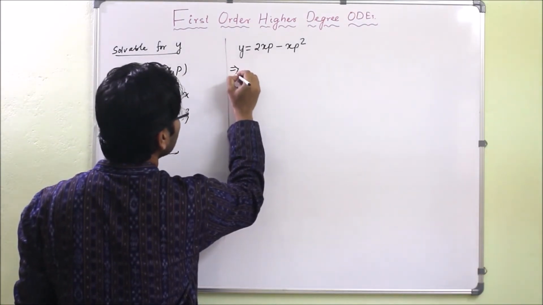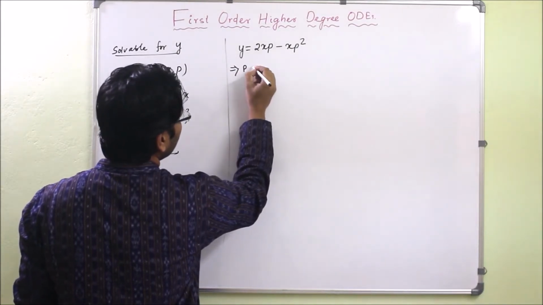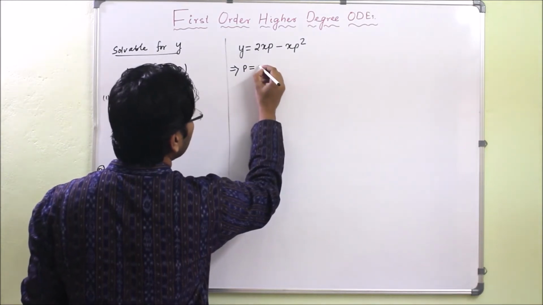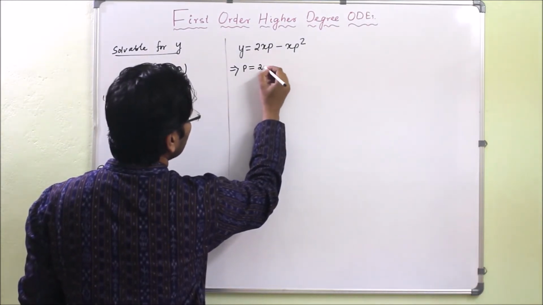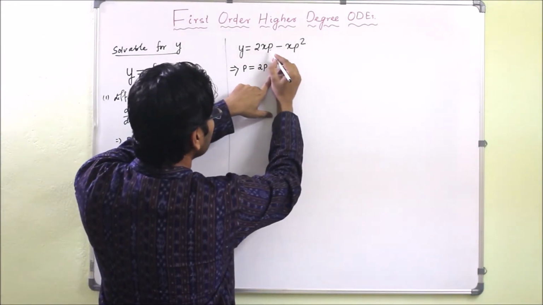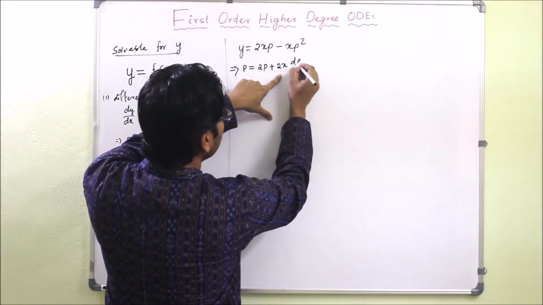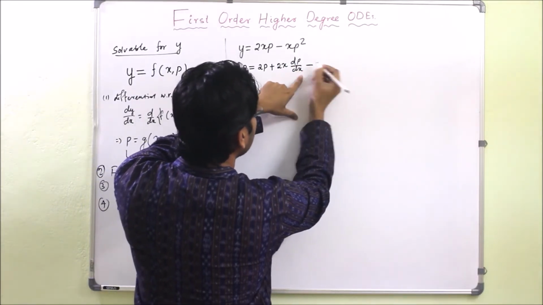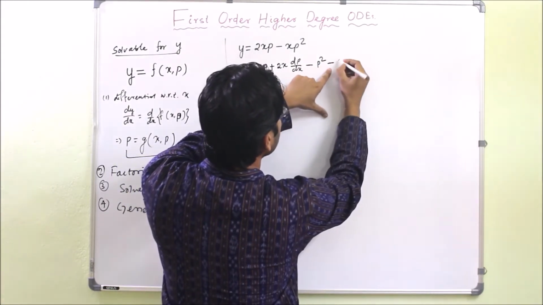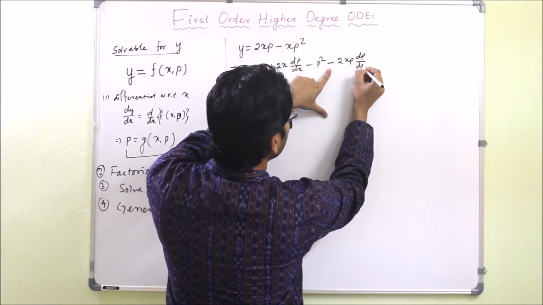If we differentiate with respect to x, the left side, dy by dx, will be p, and the right side will be 2p plus 2x dp by dx minus p square minus 2xp dp by dx.